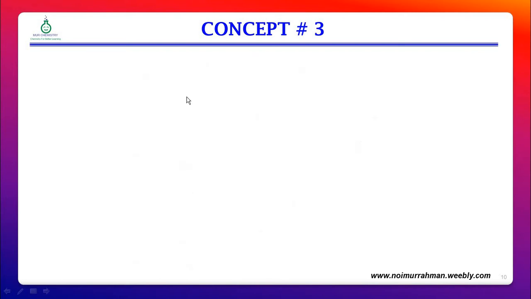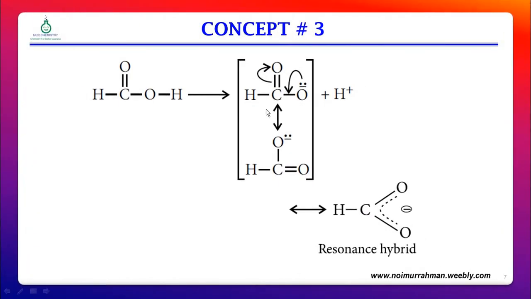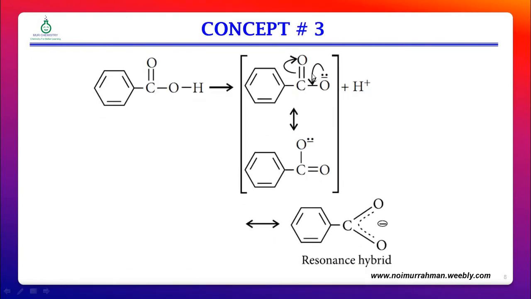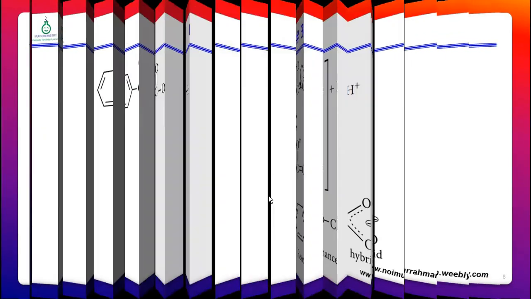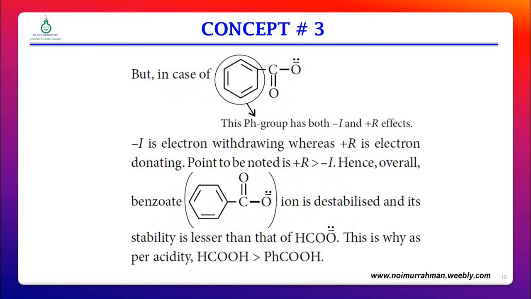In case of formic acid, we get stable resonating structures, but in case of benzoate anion, we get an unstable one because of this phenyl group. This phenyl group exerts +R effect, and hence destabilizes the anion. So formic acid is more acidic than benzoic acid.